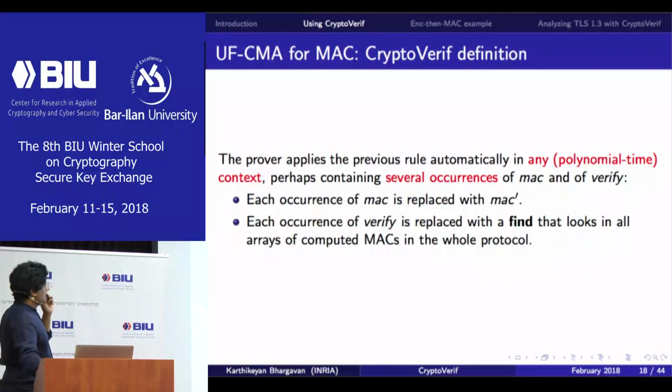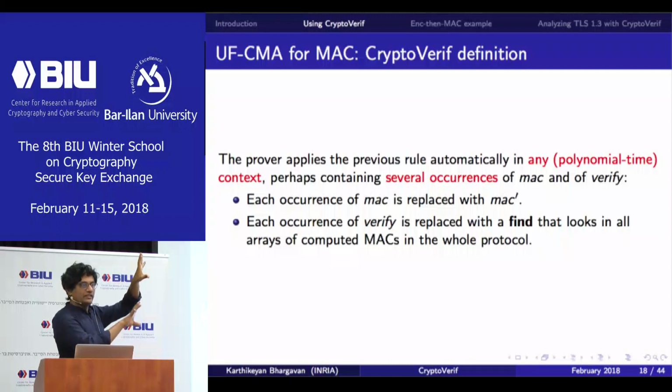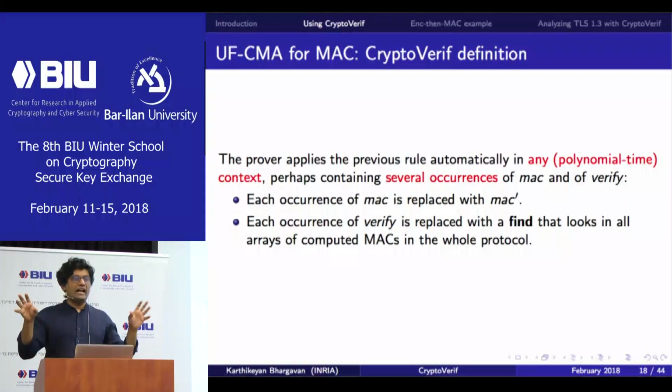Okay, so what the CryptoVerif prover is going to do is take a rule like the one I wrote there, which is that you can take a keygen, MAC and verify triple and replace it with a keygen prime, MAC prime and verify prime triple like the one at the bottom, and it's going to try and apply it any number of times within a polynomial context, perhaps replacing several instances of MAC and verify each time.